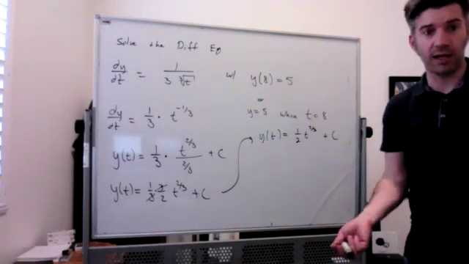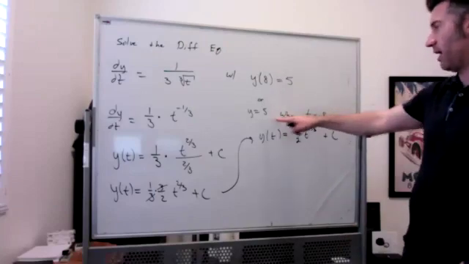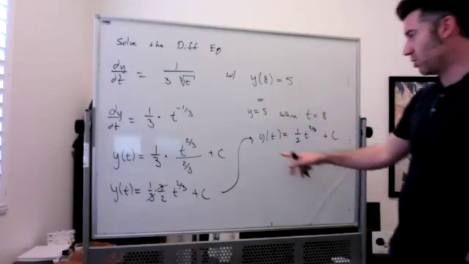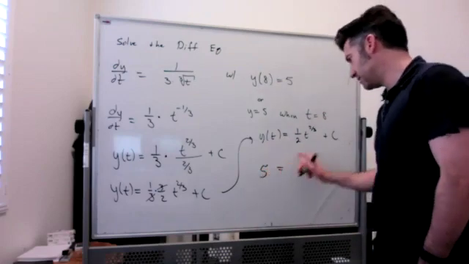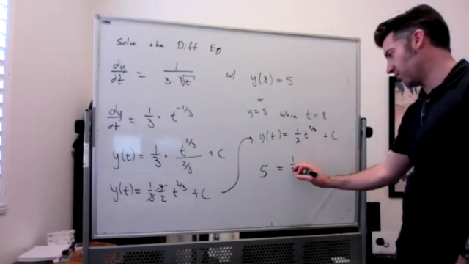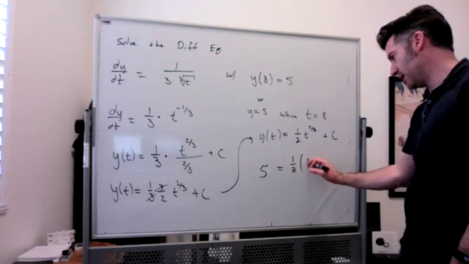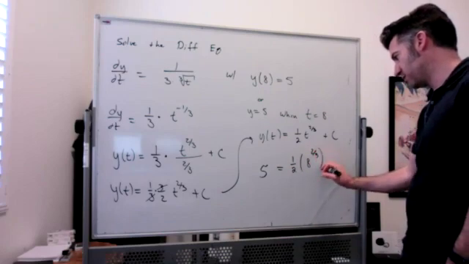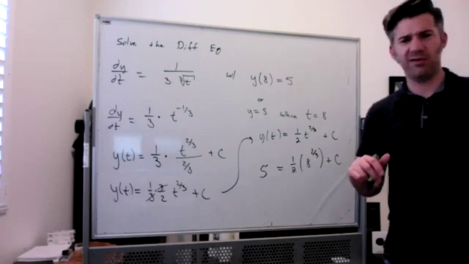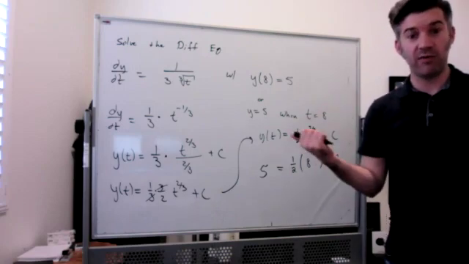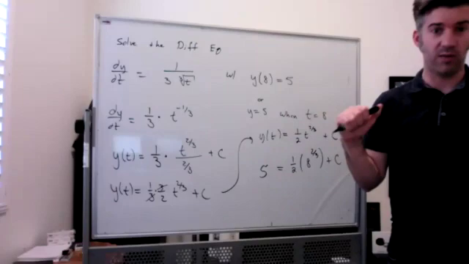And now we're going to plug in that y is 5 and t is 8. So y of 8 is 5 and t is 8. So I get 5 equal to 1/2 times 8 to the 2/3 plus c. Right, 8 to the 2/3. So that's the cube root of 8, which is 2, and then squared, which is 4.